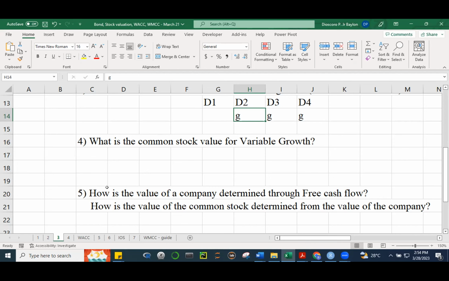And number five, it can be used for investing in non-operating assets. Because the free cash flow is the cash flow available for distribution to investors after setting aside cash flow requirements for operating activities. Okay, so we'll have an example of this. All right, let's go to number 4.